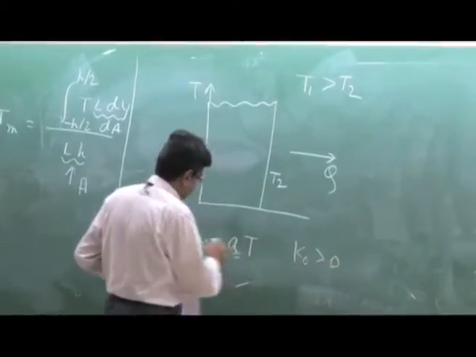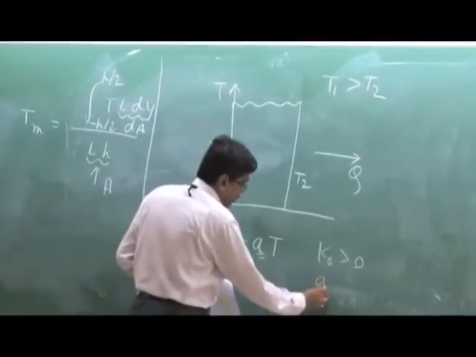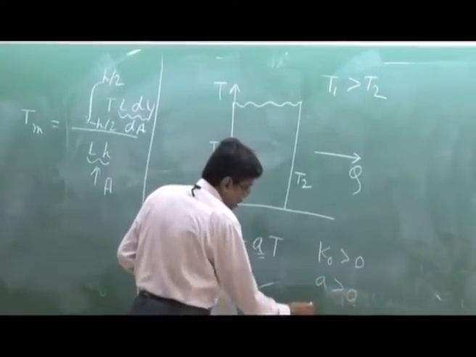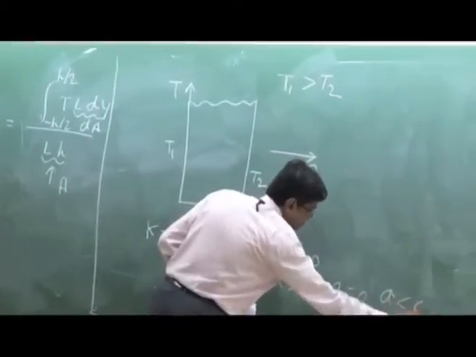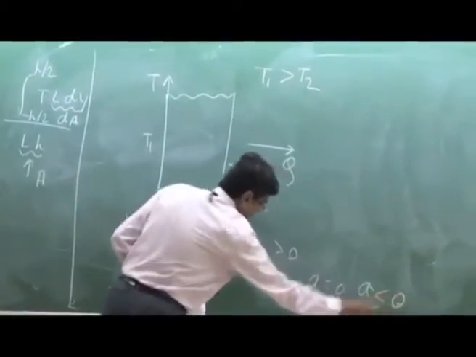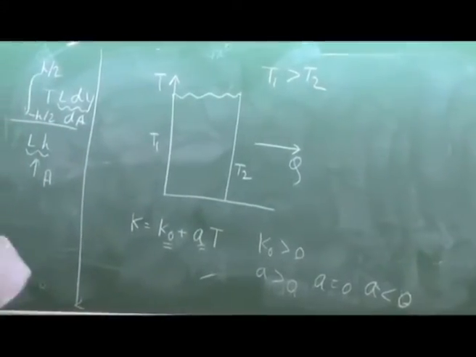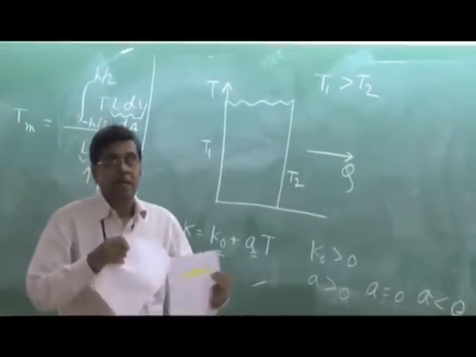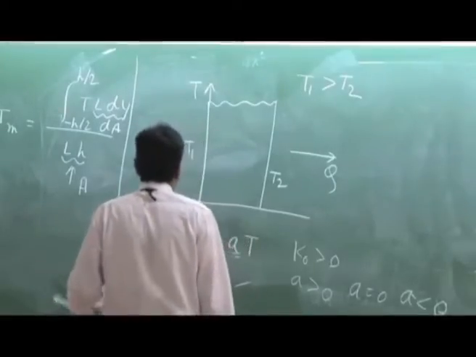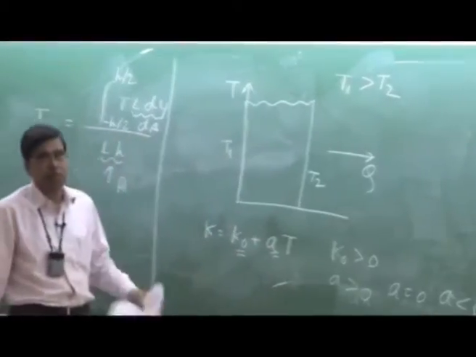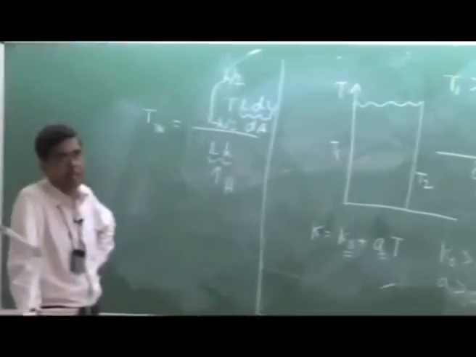Obviously K0 is the thermal conductivity, and A may be greater than 0, A may be 0, A may be less than 0. A may have any value, greater than, less than, or equal to 0. Accordingly, for each case you will have to plot the temperature distribution, that means qualitatively the temperature distribution.